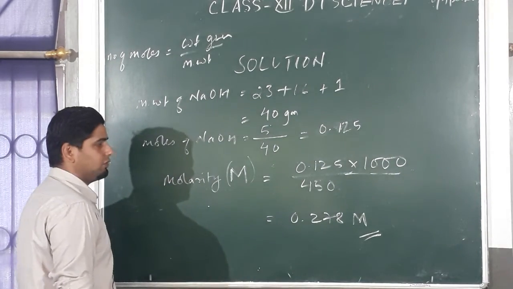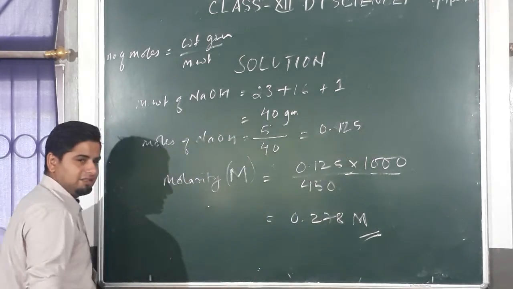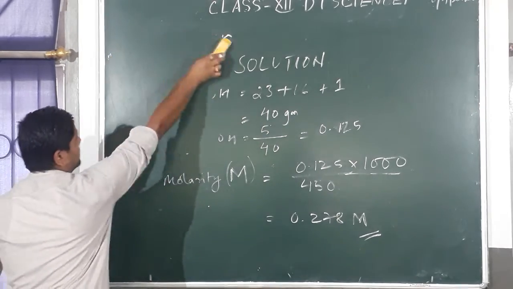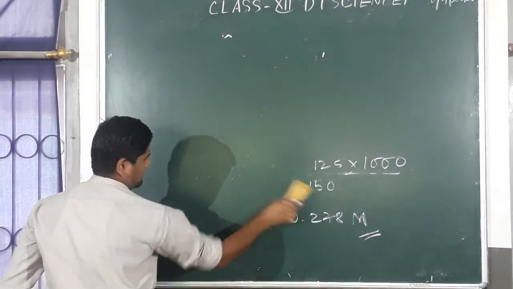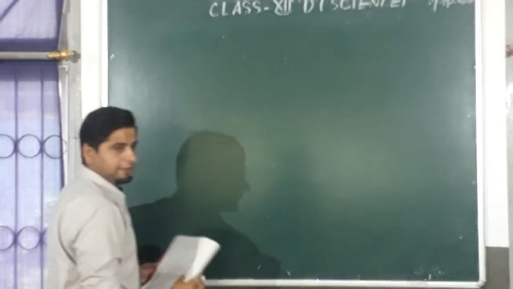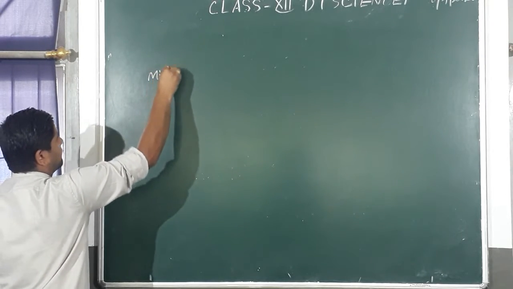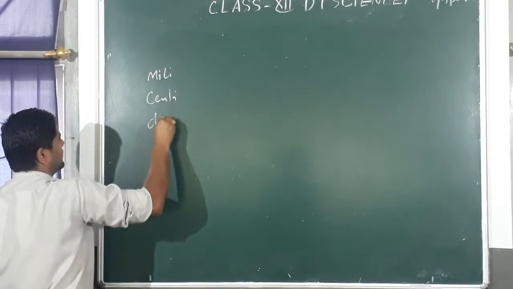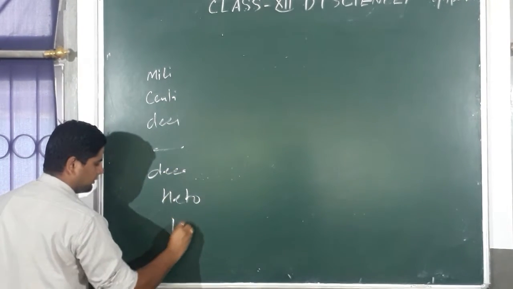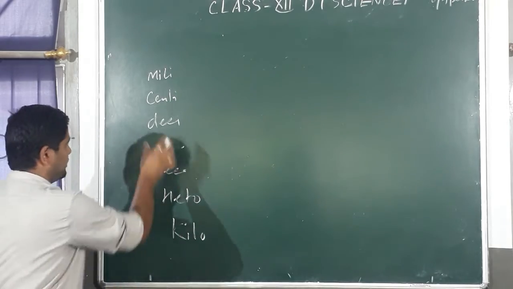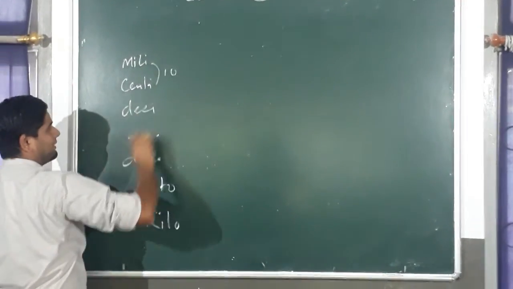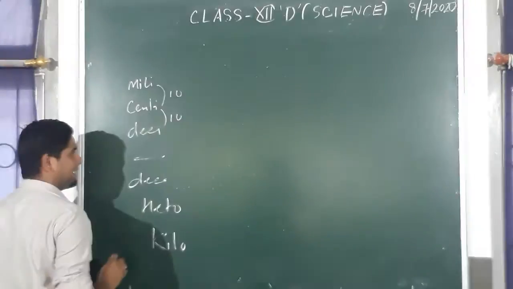If you don't know the conversion between liter and milliliter, I'll give you a simple formula. Let me rub this one first. I'll give you the basic conversion formula, just for your knowledge: milli, centi, deci, deca, hecto, kilo. From milli to centi the gap is 10, centi to deci the gap is 10.